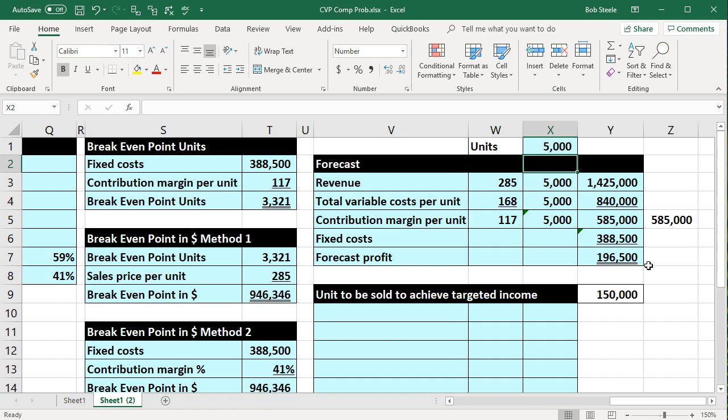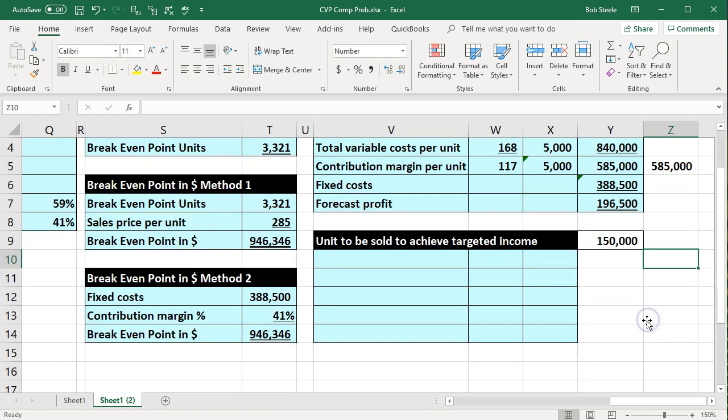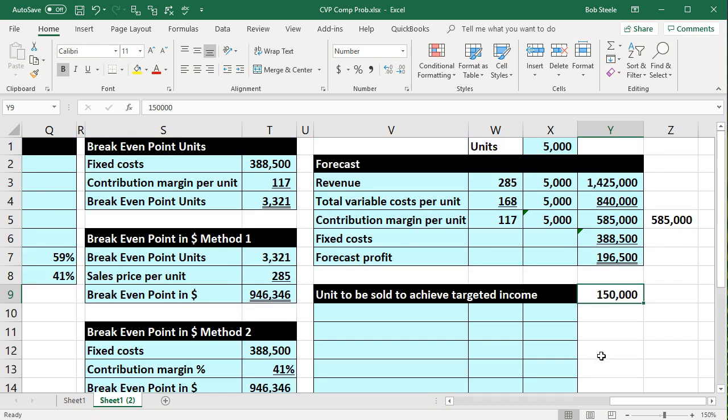Next thing we might want to consider is, what if we have a certain profit in mind, like 150,000? That's what we want to make. How can we do a calculation using these numbers, using this method, CVP analysis, to get to that profit number? One way we could do it, of course, is to just keep on changing this. I'm at 196.5.